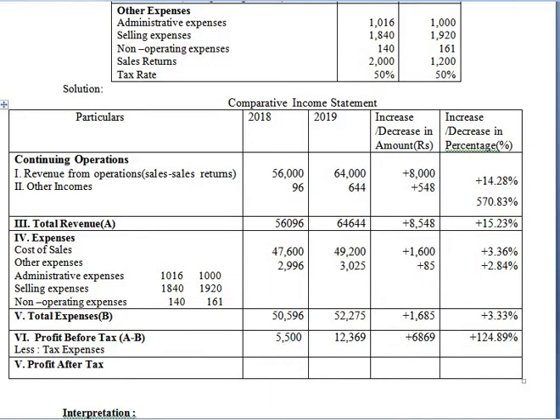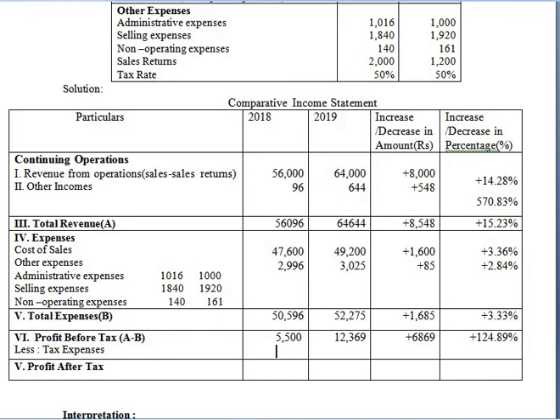amount, and that amount we have to deduct from the profit before tax. Now here you can see last point in sum, that is tax rate. How much? 50%. 50% on profit. How much is the profit? 5,500. So 50% of 5,500, 2,750.